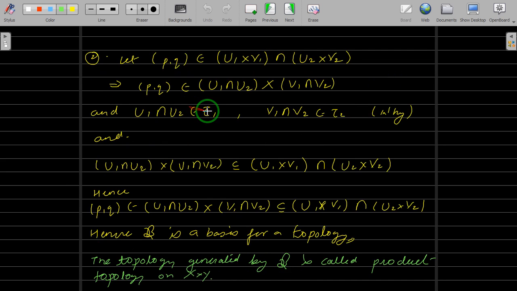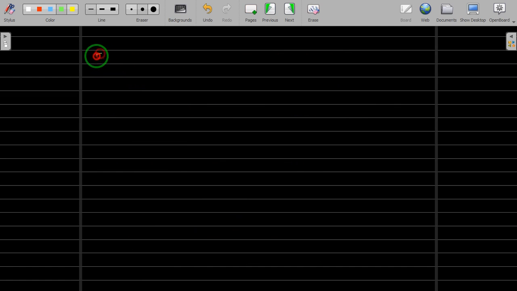Okay, again, as usual, let me put this example, and then we can go for the next part. Okay, so let us take X is the same as Y is the same as R with usual topology. Let us take tau X the same as tau Y to be the usual topology. Okay.